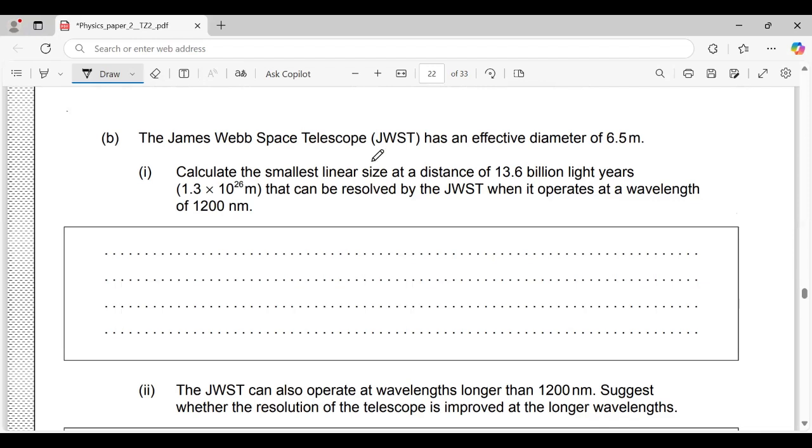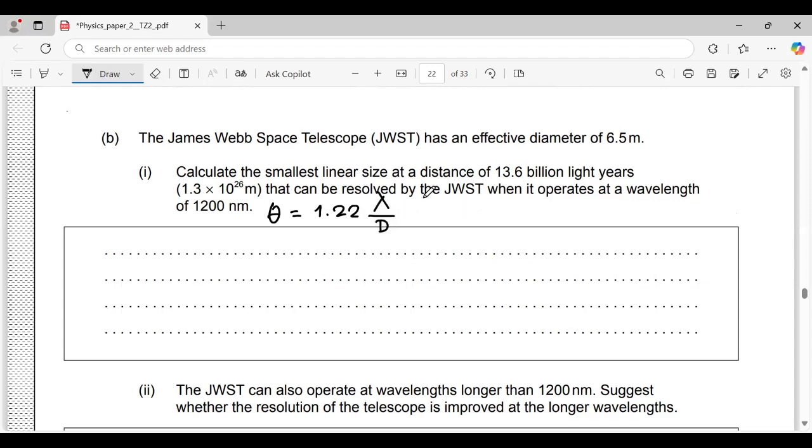We need to use the formula for angular resolution. The formula for angular resolution, given the diffraction limit, is theta equals 1.22 times lambda over d.